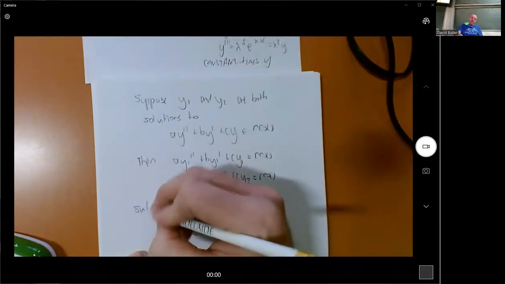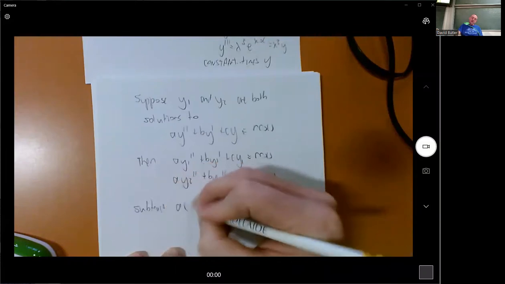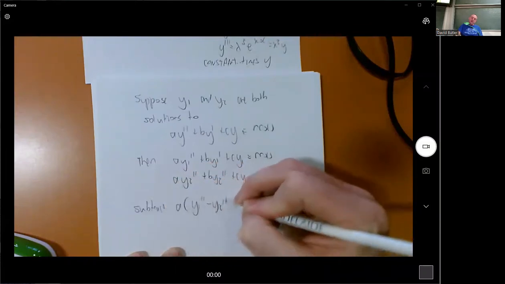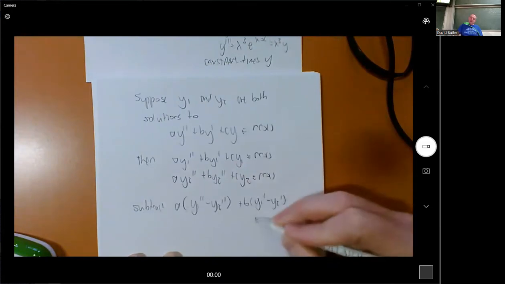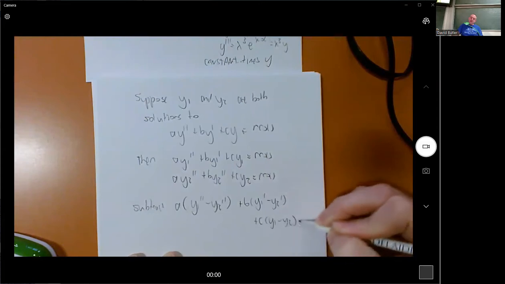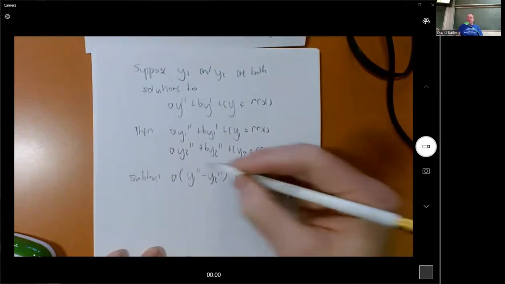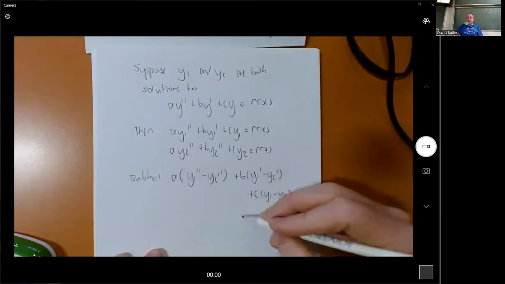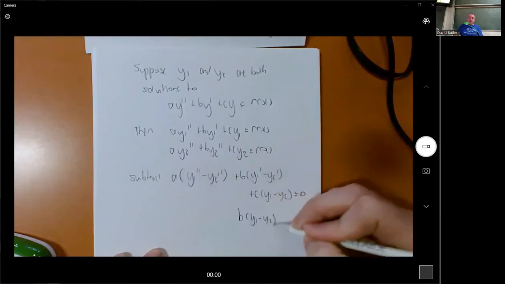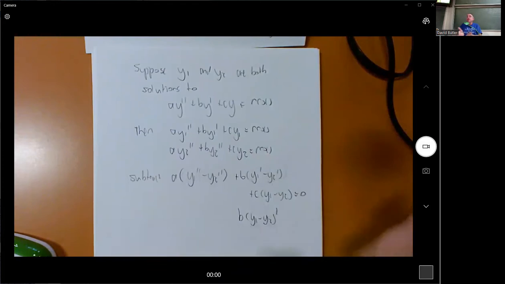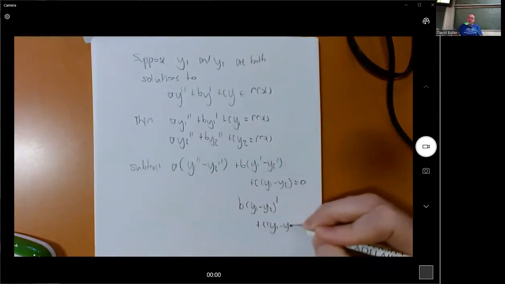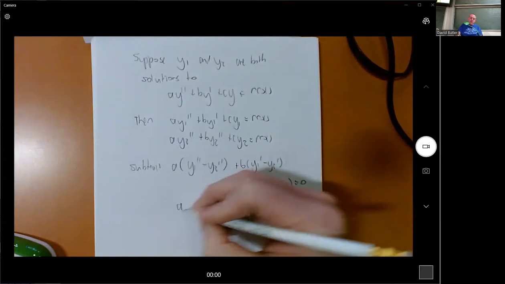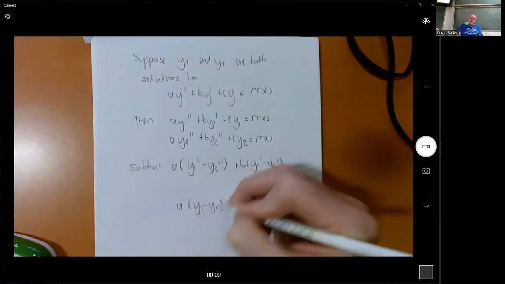And so when I subtract, I get a(y1 double dash minus y2 double dash) plus b(y1 dash minus y2 dash) plus c(y1 minus y2) is 0. And this is the same as y1 minus y2 dashed, because derivatives distribute. You can do the derivative, add or subtract first, or subtract first and then do the derivative. It comes out to the same answer. And this would be y1 minus y2 double dashed.